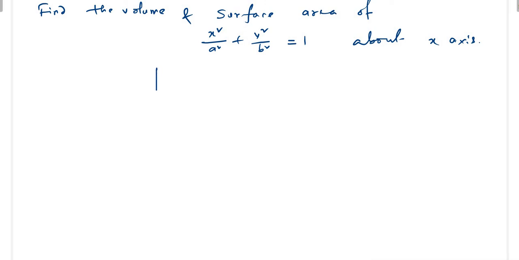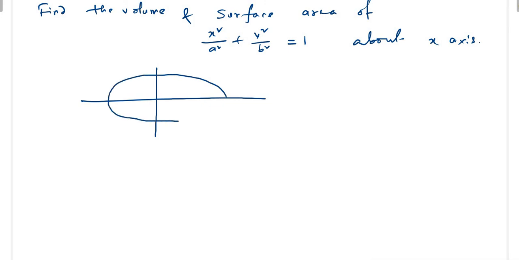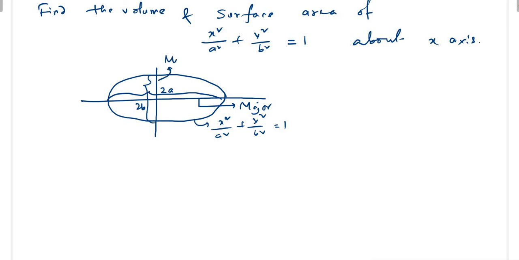So the curve looks like this, and if you rotate, this is 2a unit, and this is 2b unit, and it is x square by a square plus y square by b square equal to 1. This axis has a name. It is called major axis, it is called minor axis.